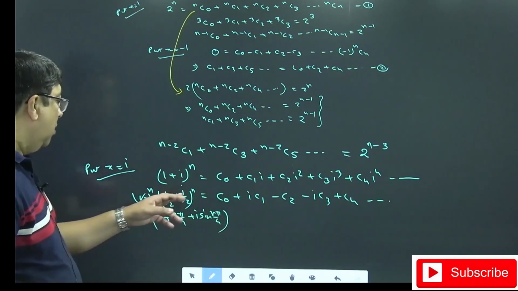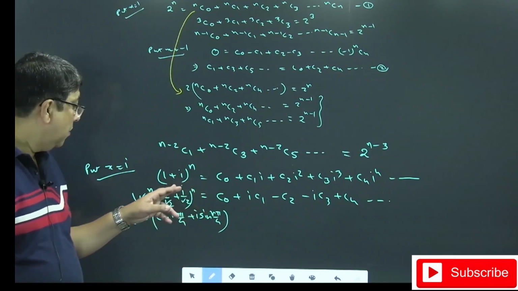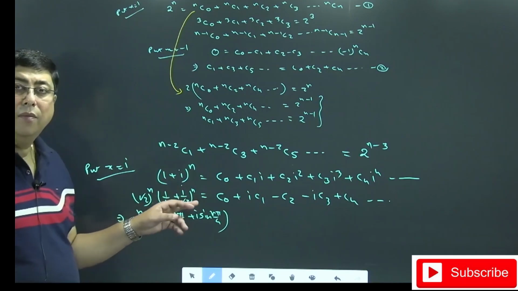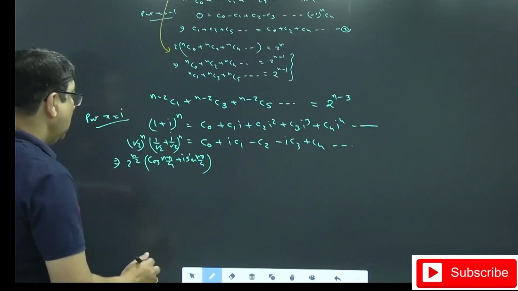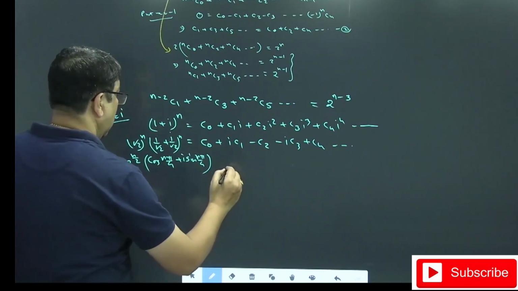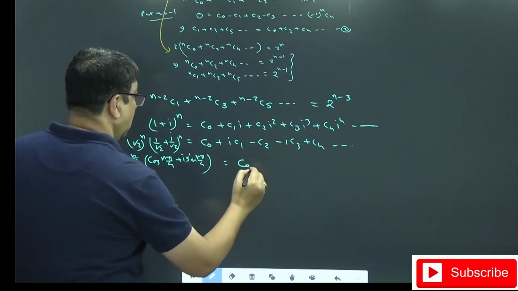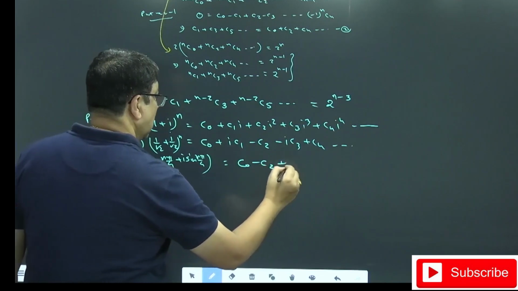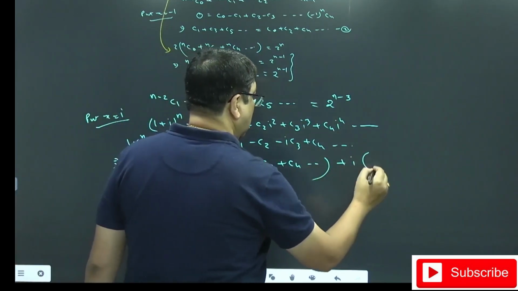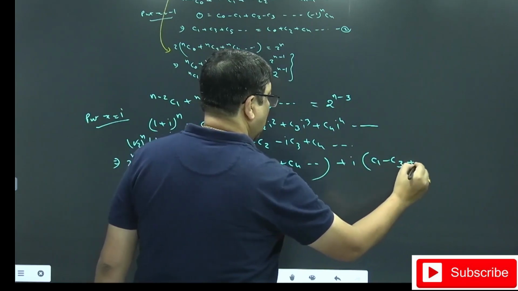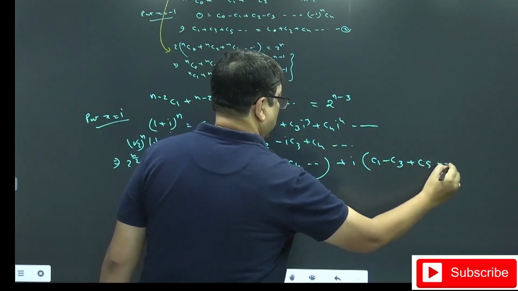According to De Moivre's theorem, n is coming to the angle, this power will come to the angle. Therefore, putting this, we are getting here C0 - C2 + C4 + i into C1 - C3 + C5.